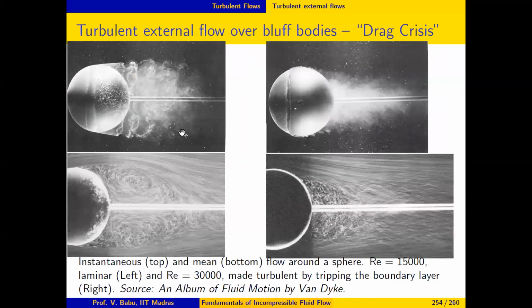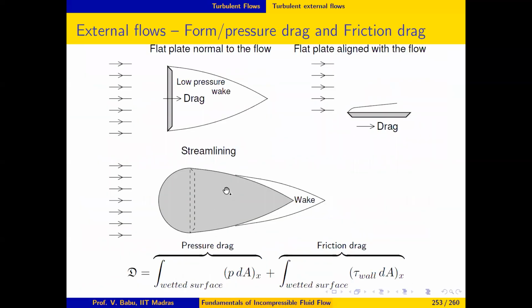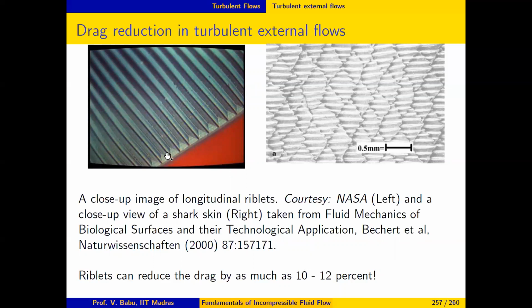Notice that the technique of streamlining that we discussed reduces the pressure drag, whether it is laminar flow or turbulent flow. Whereas what we are discussing now, the riblets, is intended to reduce the skin friction drag due to turbulent flow. Although we will not go into the details, it suffices to say that the riblet depth is of the same order as that of the sublayer, or it may be even smaller than that.